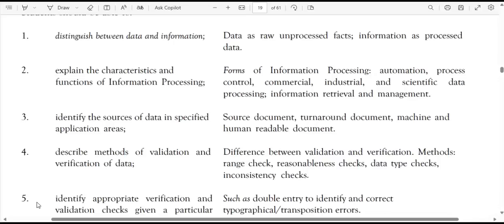Another source of data in specific application areas is the turnaround document, and these are documents that are sent to a user or customer that, after being filled out or annotated, are returned as input for processing. Example, utility bills, they are sent to customers who return payment details.